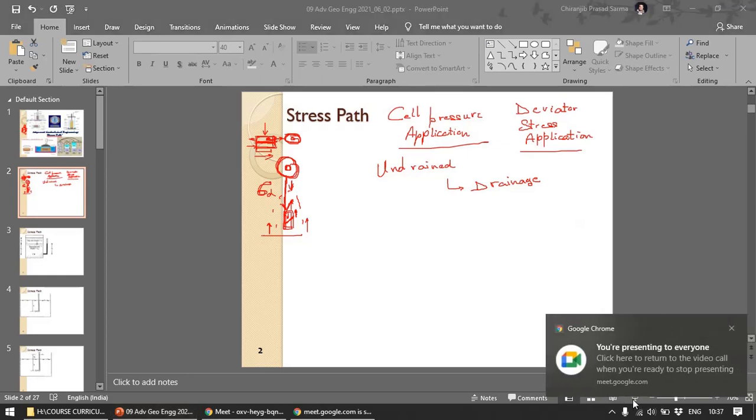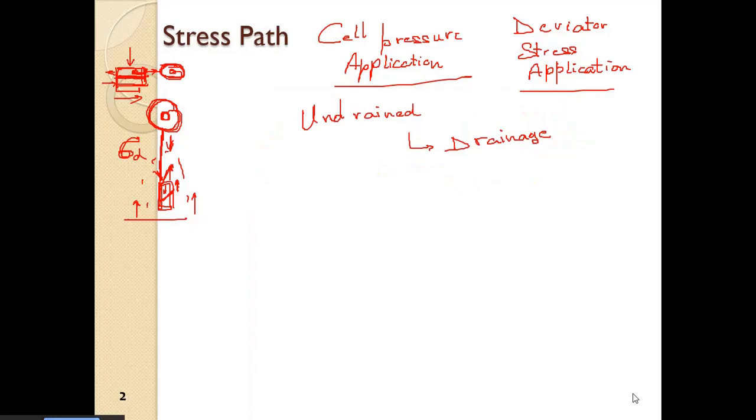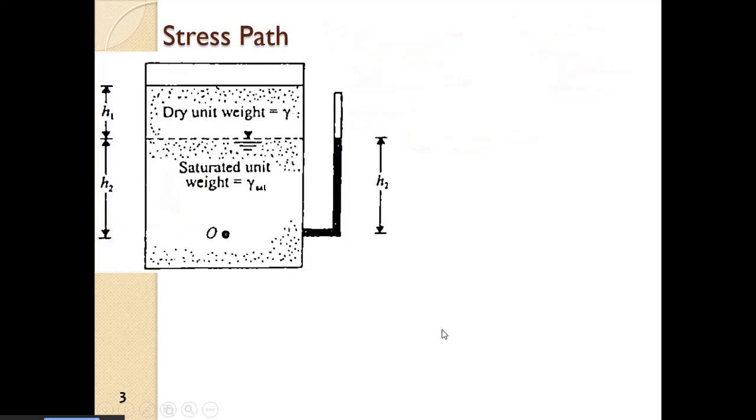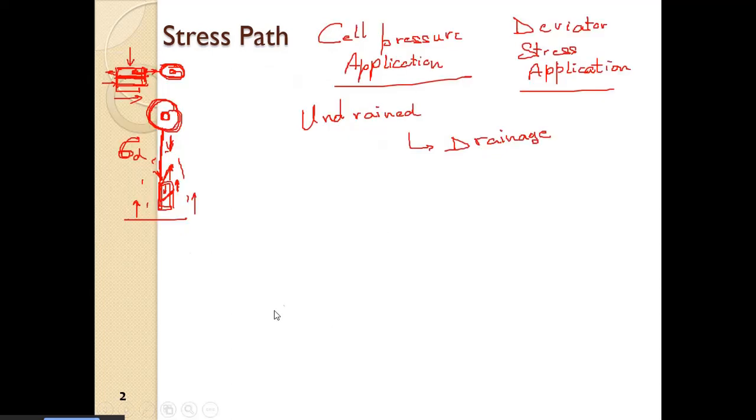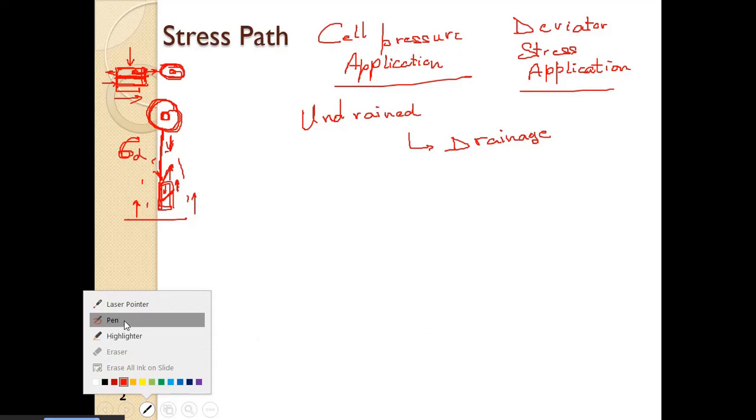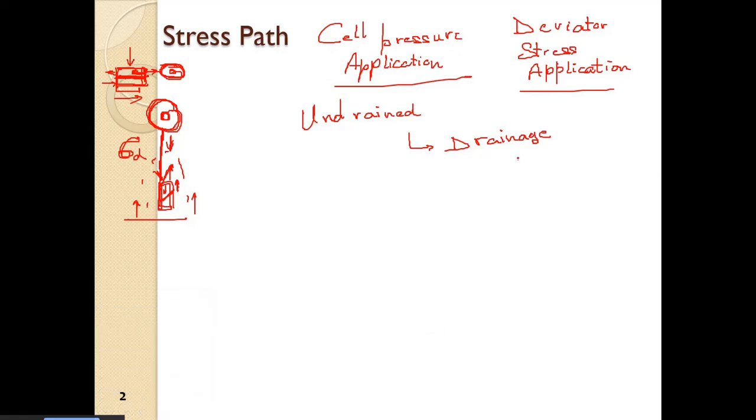So when we allow drainage, there is no excess pore pressure generation.